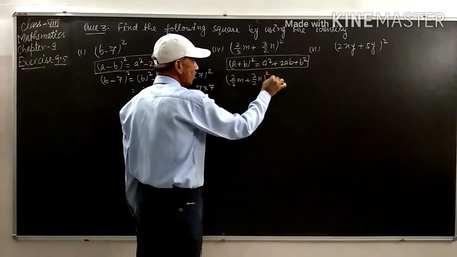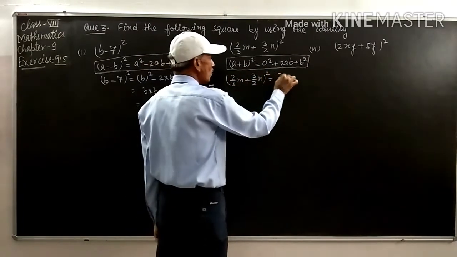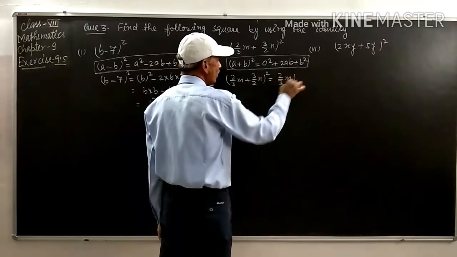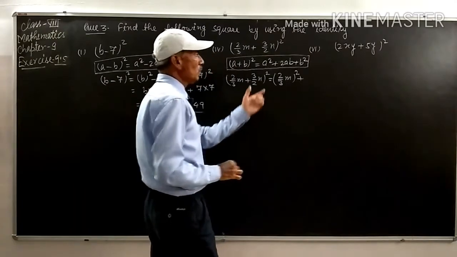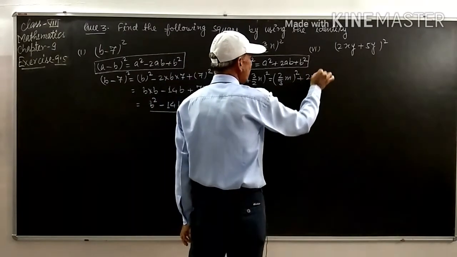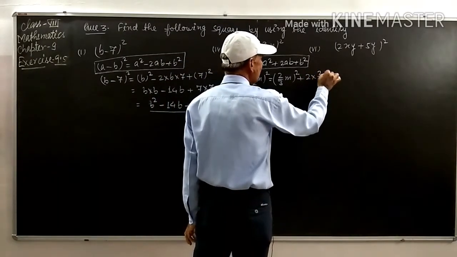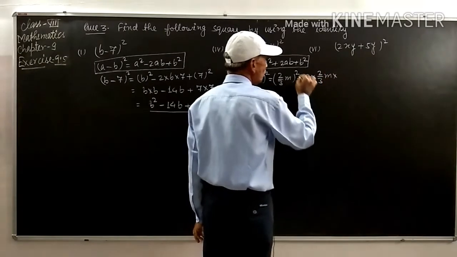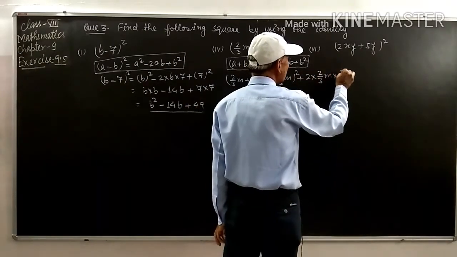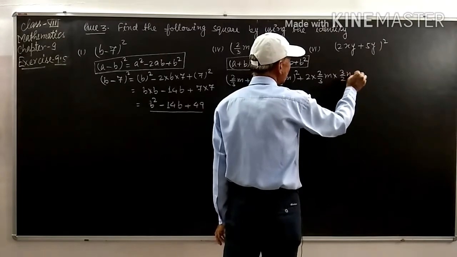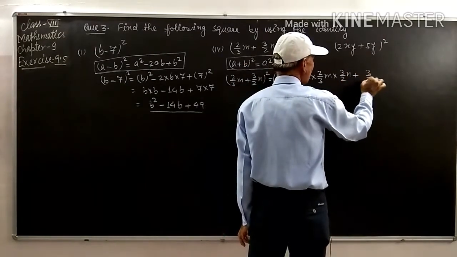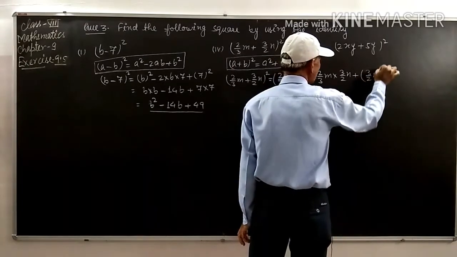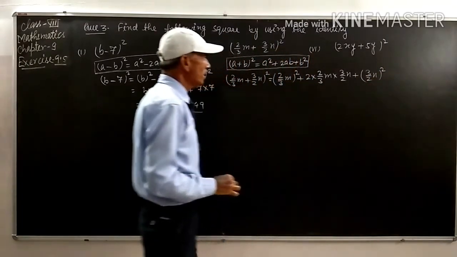Whole square is equal to a square means (2 by 3m) square plus 2 into a is equal to 2 by 3m into b is equal to 3 by 2n plus b square means (3 by 2n) whole square. Clear student?